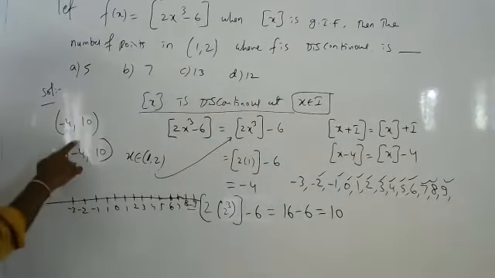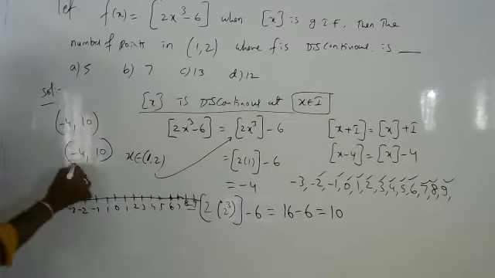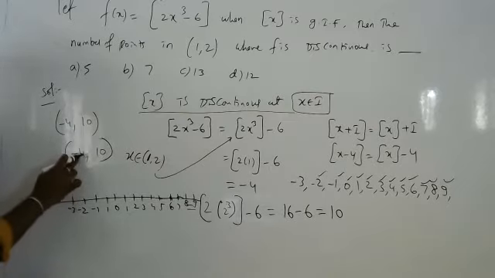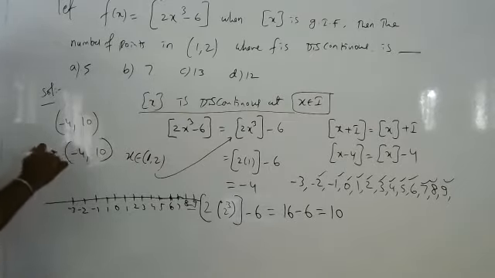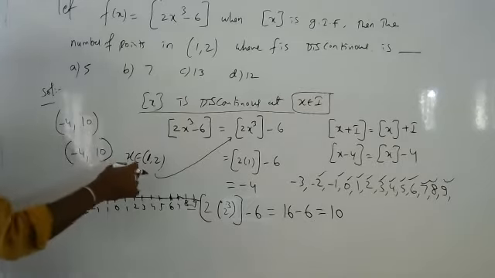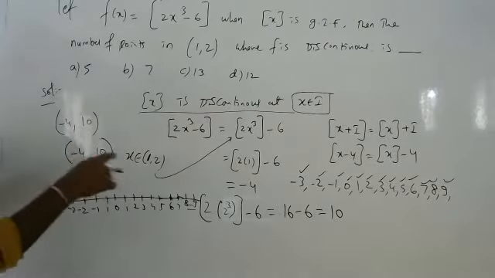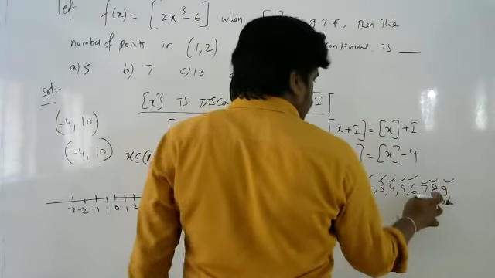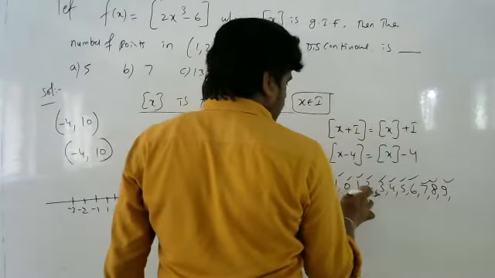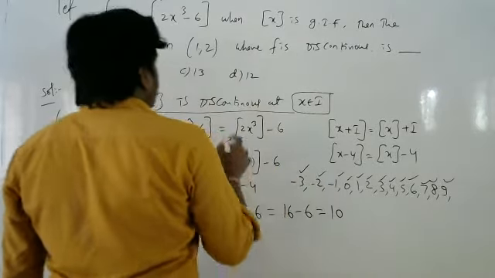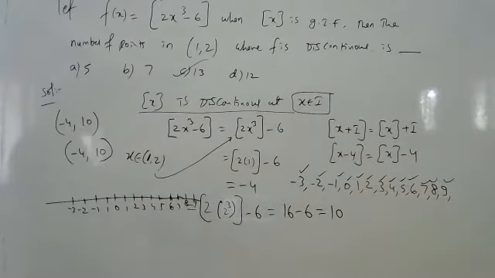And minus 3 also counts. The reason is it's an open interval from minus 4, but here I can say that minus 4 will become minus 3 point something, so you are going to get till minus 3. So total it counts how much? 1, 2, 3, 4, 5, 6, 7, 8, 9, 10, 11, 12, 13. So C is the right answer.